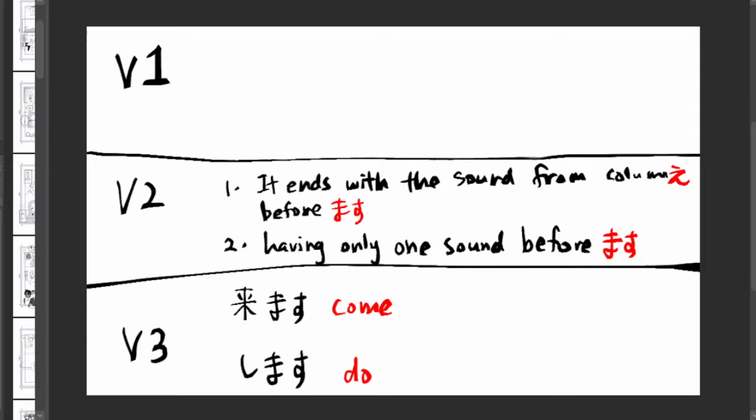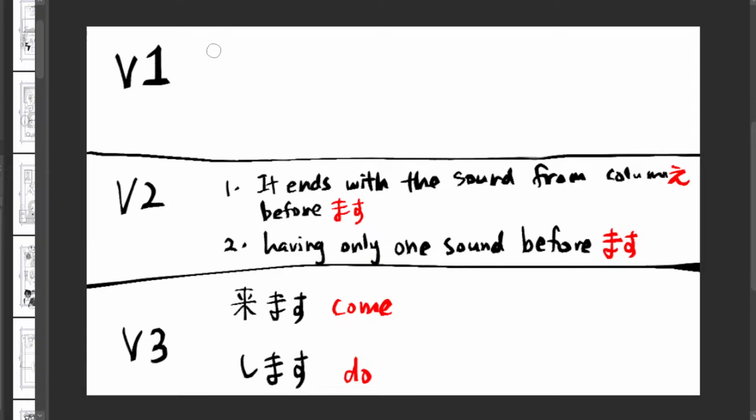Not every verb will follow these rules, but most will. So V2 ends with a sound from column E before masu and has only one sound before masu.